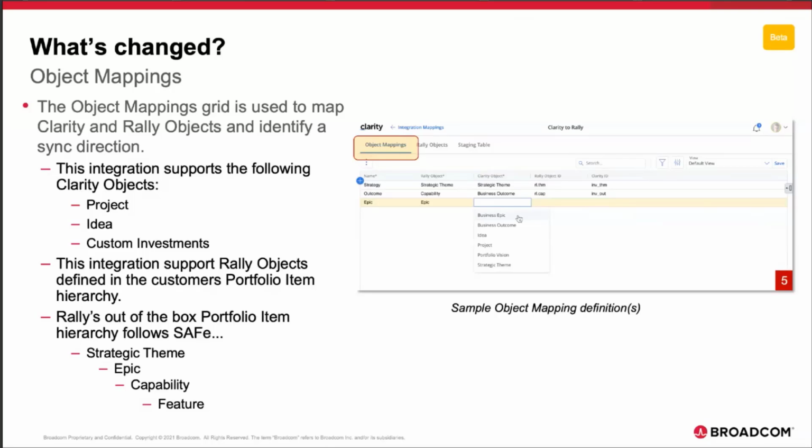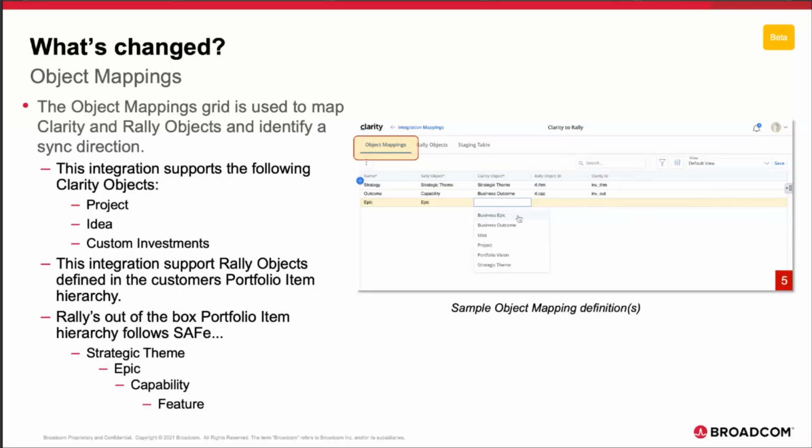However, as you probably know, Rally's out-of-the-box hierarchy follows SAFe, and the structure is strategic theme to epic to capability and features. Now, this is the item hierarchy, meaning we don't have stories and tasks in here. Those are work items. So this is a portfolio item. So at this object level, there's a single sync direction, Clarity to Rally. So those are the things that are done here.